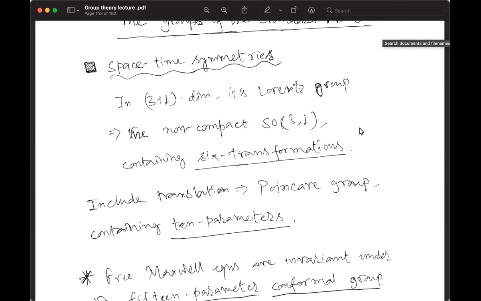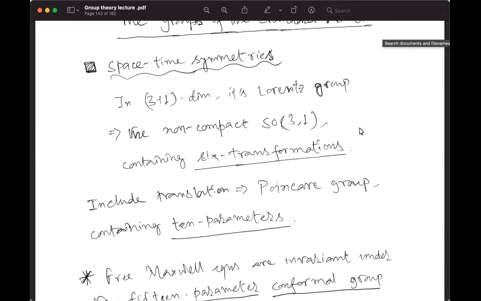It includes 3 rotations, which form SO(3), and then 3 boosts. We have already discussed how rotations are unitary and the boosts are non-unitary.